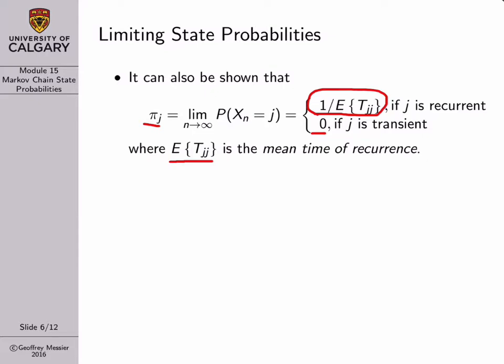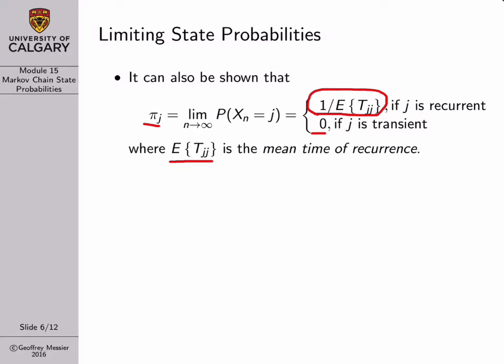And so that means that after an infinite number of time steps, the probability of being in a transient state is 0. Remember, transient states are ones where there's a possibility that we can leave them and never come back. And we assume that after an infinite number of time steps, we've basically tried all possible transitions in the Markov chain. So if a state is transient, we would at some point have taken the path of no return out of that transient state, and the probability of being in the transient state after an infinite number of time steps is equal to 0.